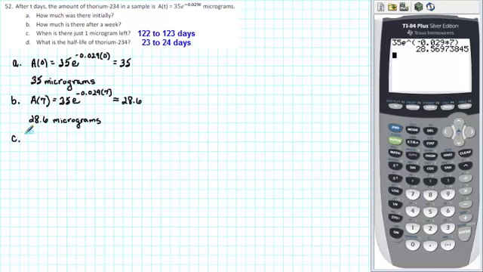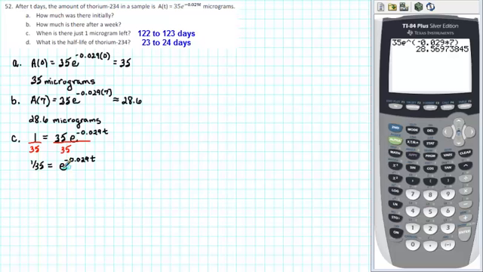For part C, we're asked, when is there just 1 microgram left? In order to answer this question, we'll need to substitute 1 for A(t) and then solve for t. Our first step will be to divide both sides by 35. The resulting equation is 1/35 is equal to e raised to the negative 0.029t power.